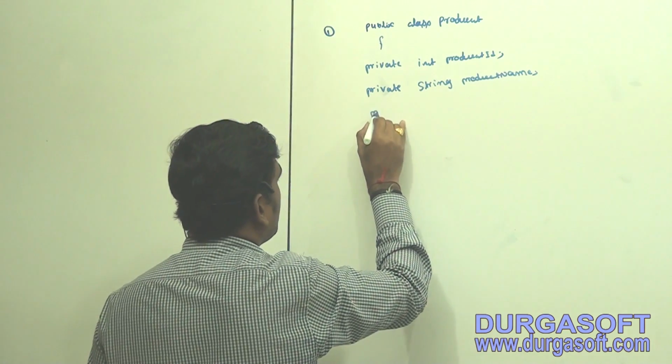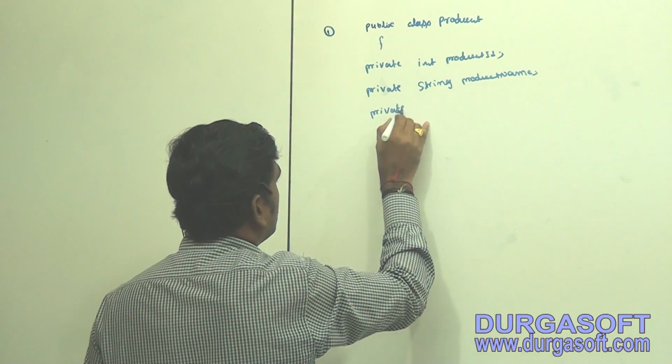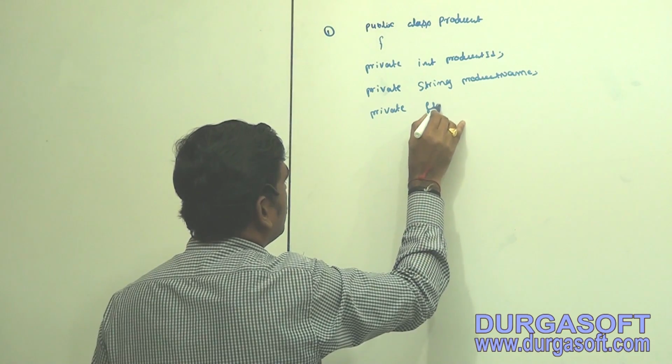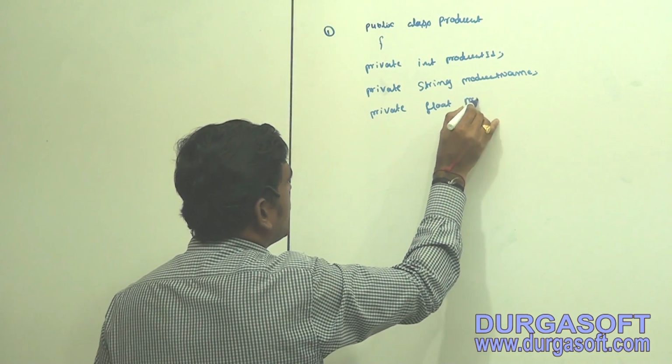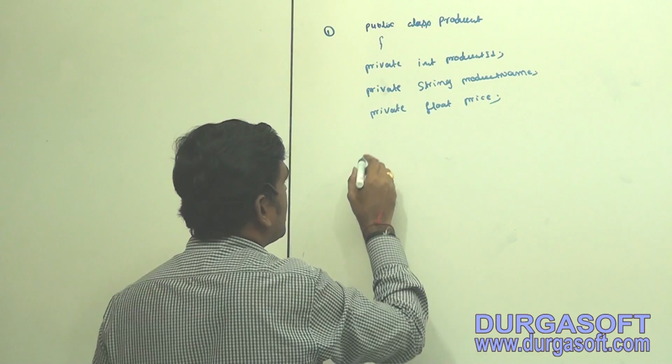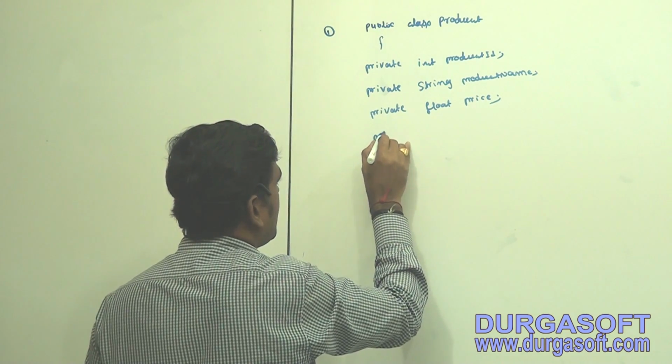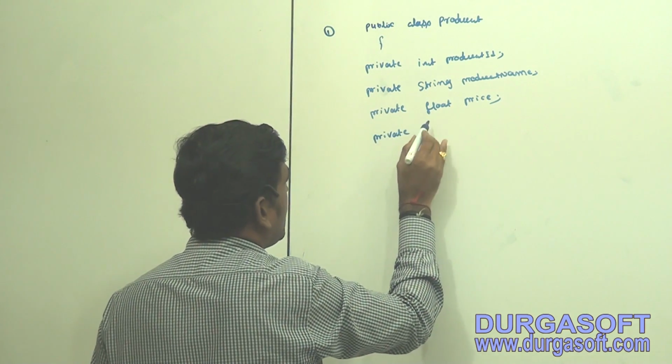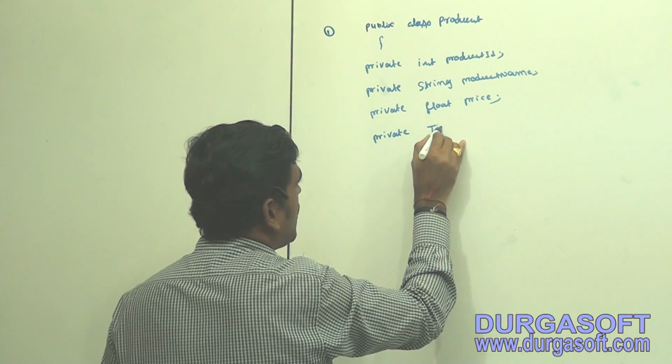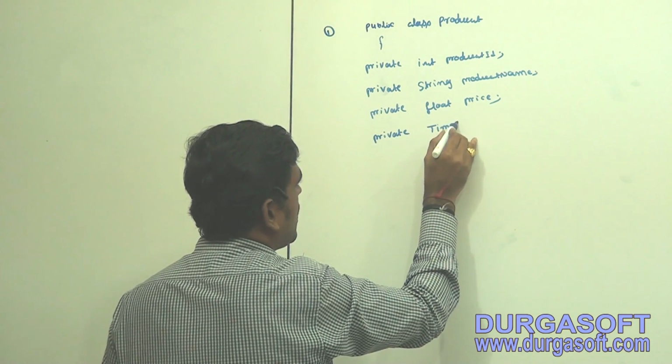The next, private float price. The next, private, we can take one predefined class called Timestamp.